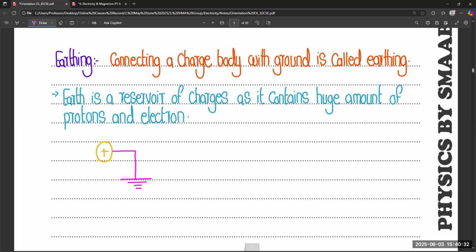So it cannot be transferred to the ground. But electrons can be transferred from the earth to the sphere.